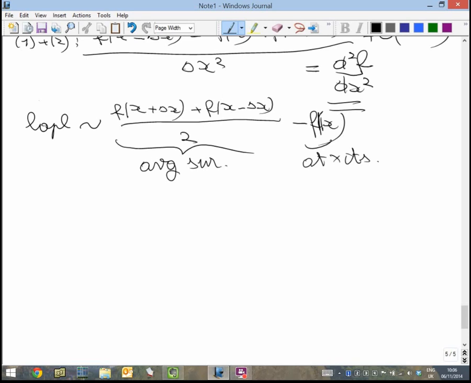But this is also intuitively easy to understand if you look, for example, at a graph for the case where this second order derivative is equal to 0.